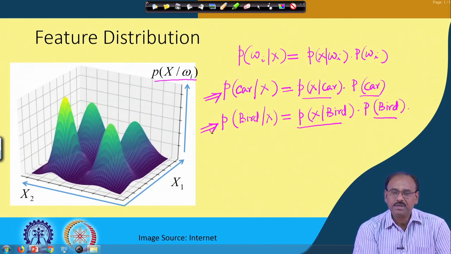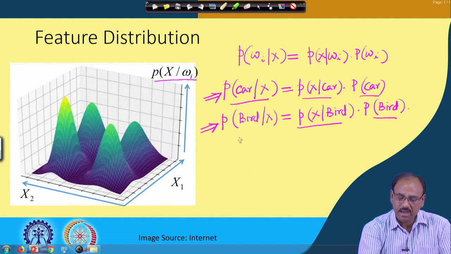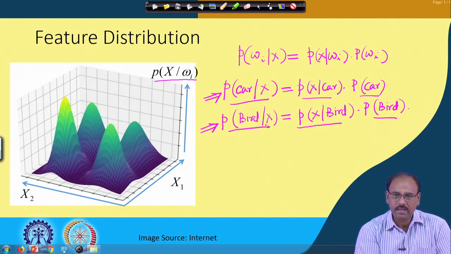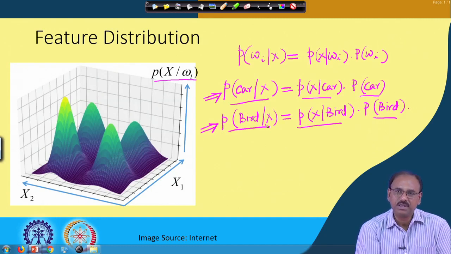Out of these two, whichever is more for a given unknown feature vector x. So, if I find that P of car given x is greater than P of bird given x, then my inference will be that this feature vector x belongs to car, or the object from which this feature vector x has been computed is nothing but a car.